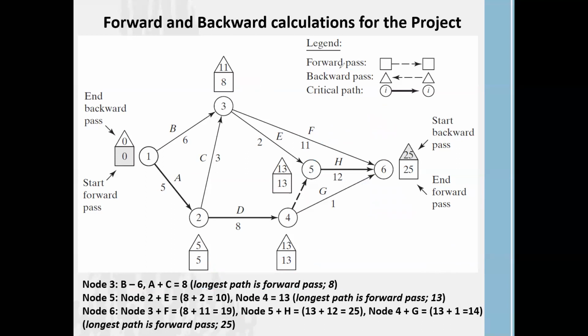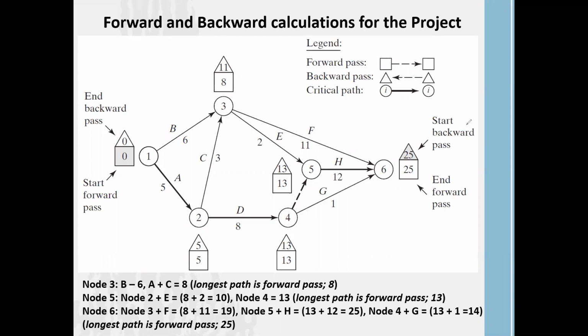Now we are going to the backward pass. Backward pass means we try to find out which activities we can make some sacrifice. So now we are going to calculate the backward pass.